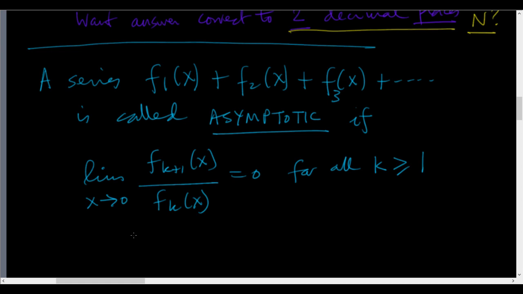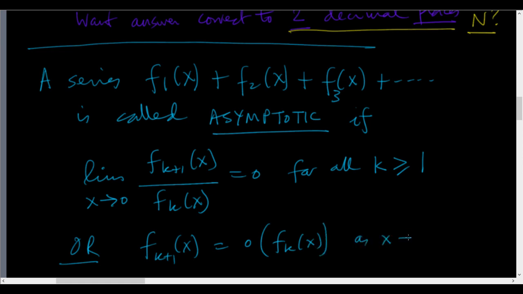That means, or same, f(k+1) of x is equal to little o of f(k) of x as x goes to 0. Such a series is called asymptotic.